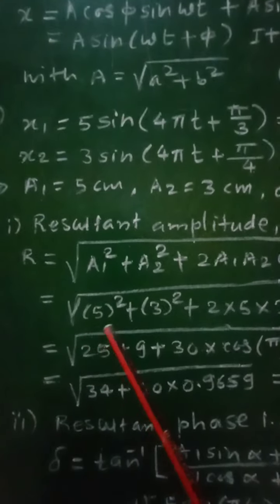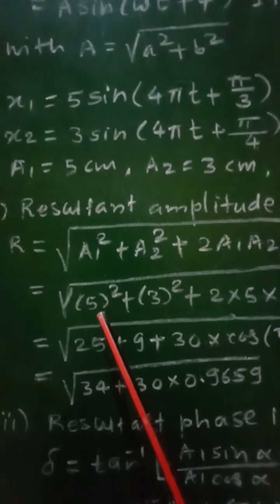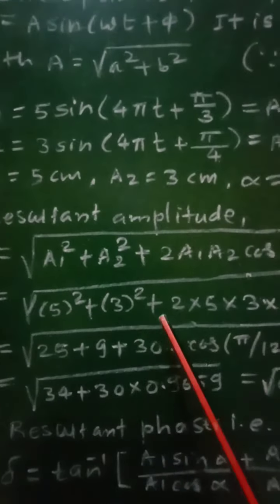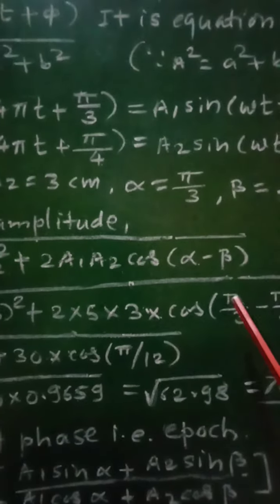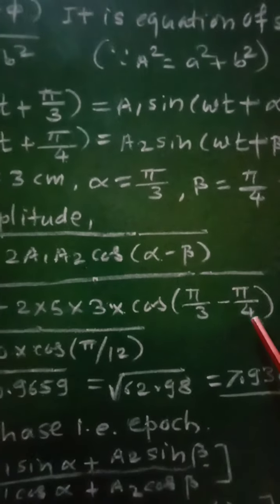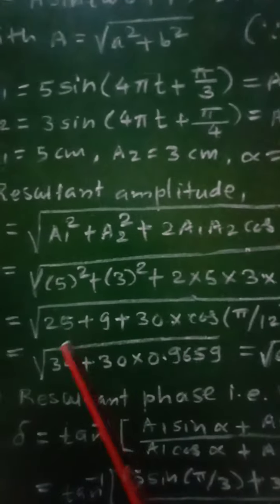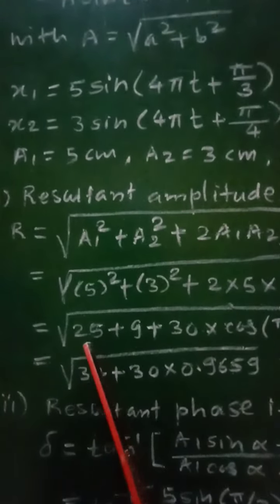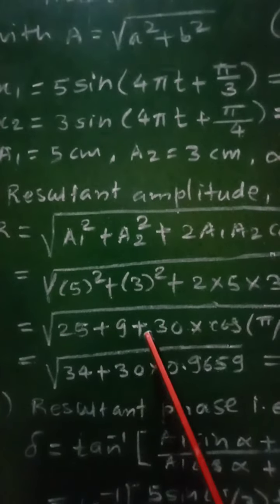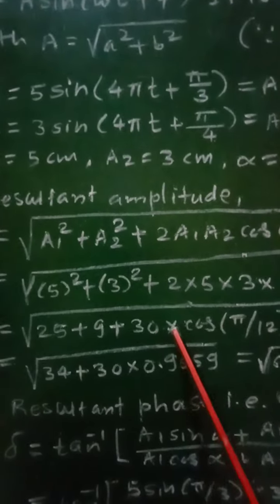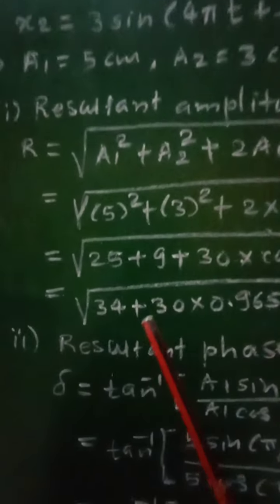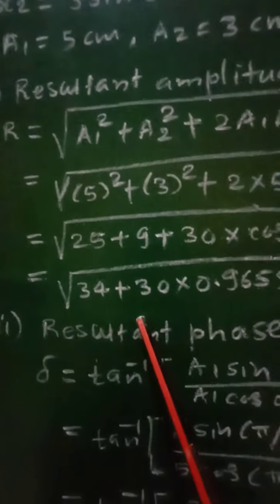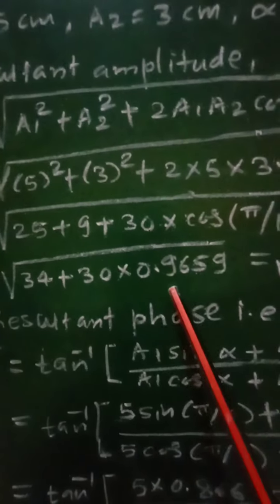Putting the values, we get the square root of 5² + 3² + 2 × 5 × 3 × cos(π/3 − π/4), that is the square root of 25 + 9 + 30 cos(π/12).